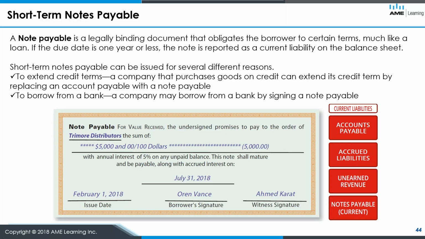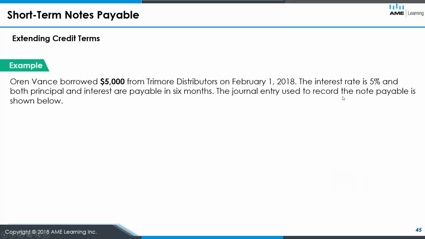But if the customer needs to extend that due date of payment, maybe it would make sense to change that accounts payable, which would be due in 30 days or something, to a notes payable, which might give 6 months to make the payment because the customer needs extra time, but will also have some interest component associated with it. So that happens occasionally, and you might see a problem where it asks that, but it's not something we're going to have extensively tested on or anything like that.